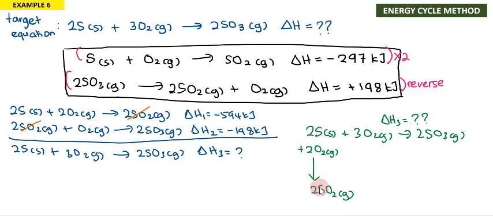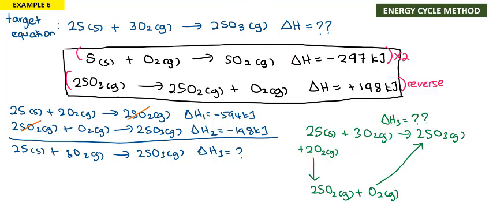This is from the first equation. In the second equation, I have 2 moles of sulfur dioxide reacted with 1 mole of oxygen gas. This will give me 2 moles of sulfur trioxide. So the addition of these two reactants will give me 2 moles of sulfur trioxide.